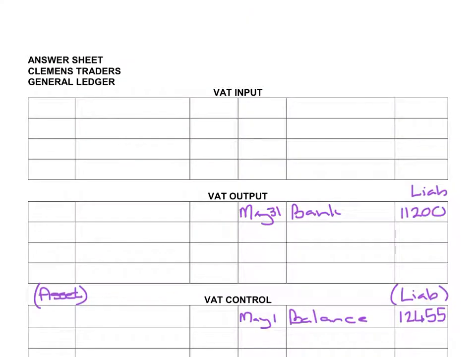We will debit the VAT input account because it is an asset, and assets increase on the debit side, indicating that the bank account was credited with 7931. Therefore, the VAT input asset increased with 7931.